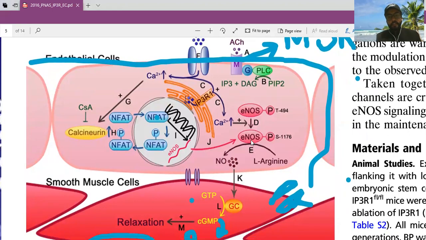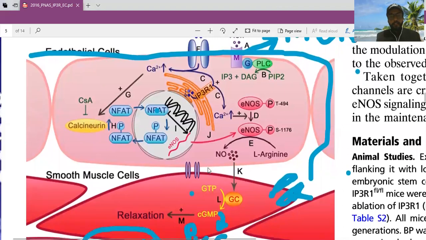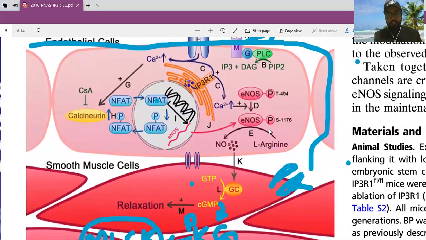And then this endothelial nitric oxide synthase is activated by the calcium and calmodulin complex. The first pathway is that it is being formed by NFAT, and the second one, it is activated by the calcium and calmodulin complex. And now this endothelial nitric oxide synthase then will convert arginine into nitric oxide and citrulline, as we have discussed before.